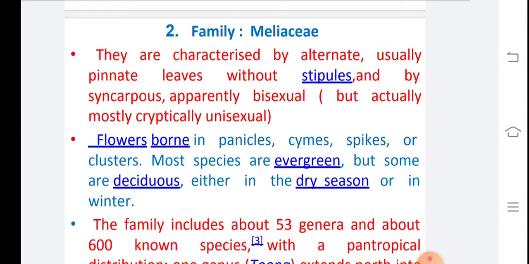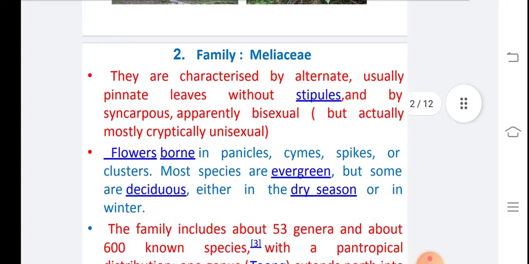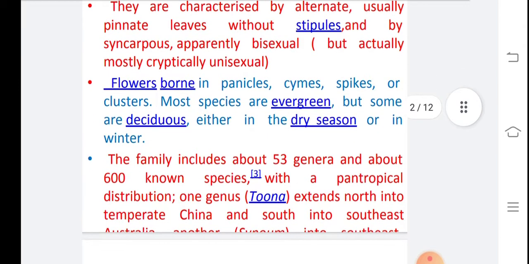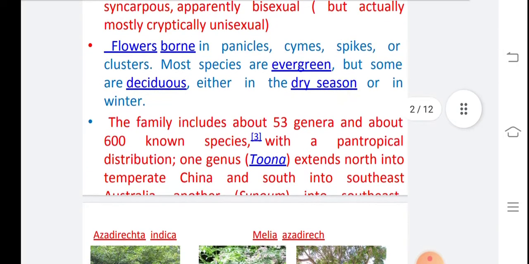Flowers are apparently bisexual, but actually they are sometimes unisexual. Flowers are borne in panicles, that is cymose, then spikes without pedicel and in clusters.